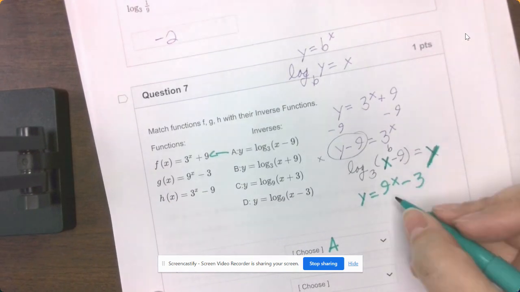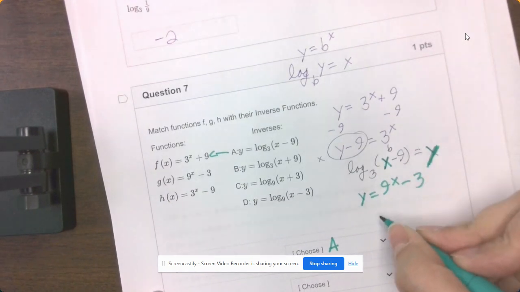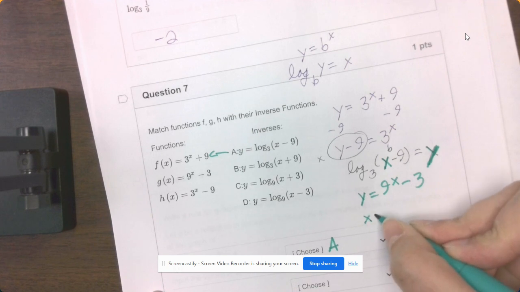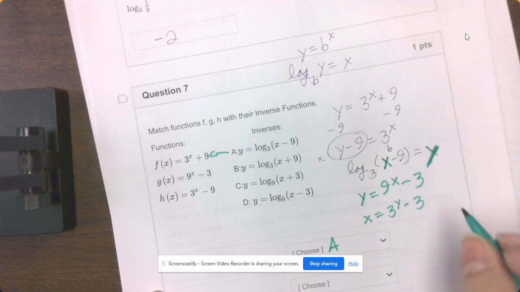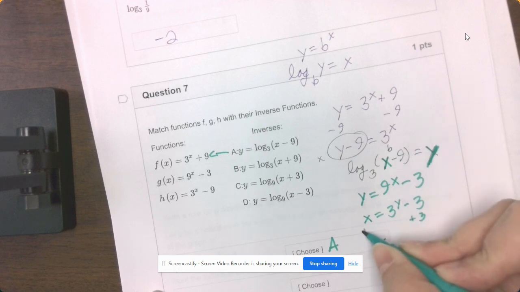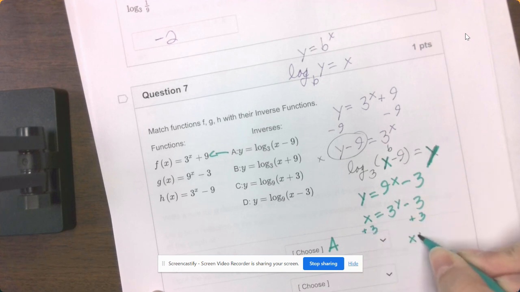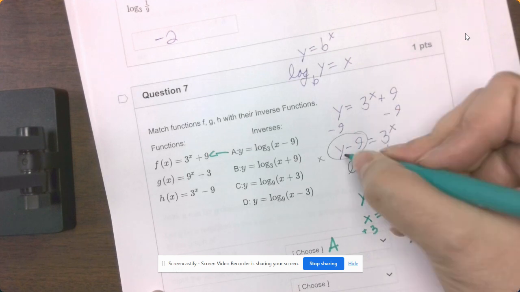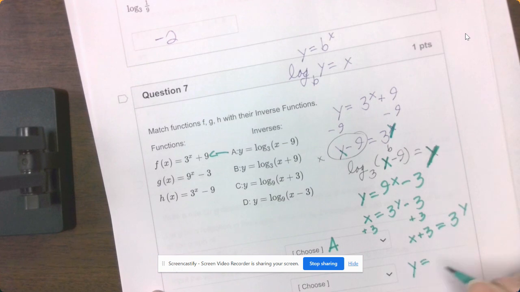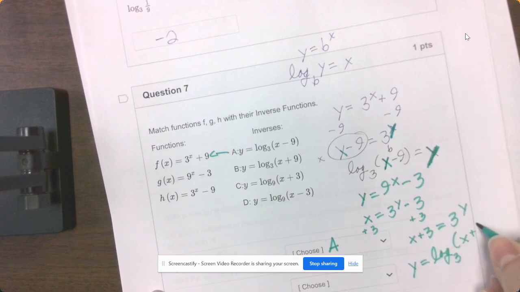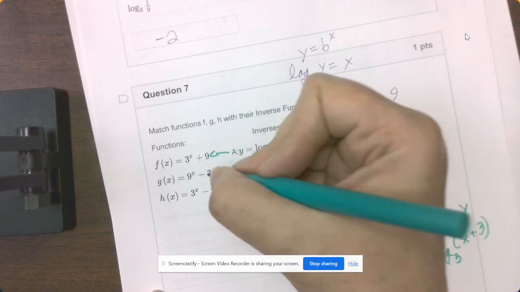So now I switch x and y, and then we're going to add 3 to each side. So I get x plus 3 is equal to 9y. And that's what we should have also done with this one, switch x and y. So now we have y is equal to log base 9 of x plus 3. So g matches c.